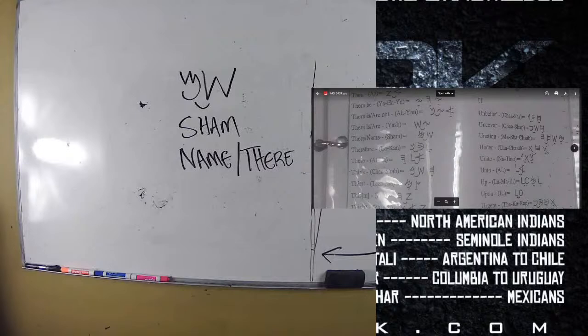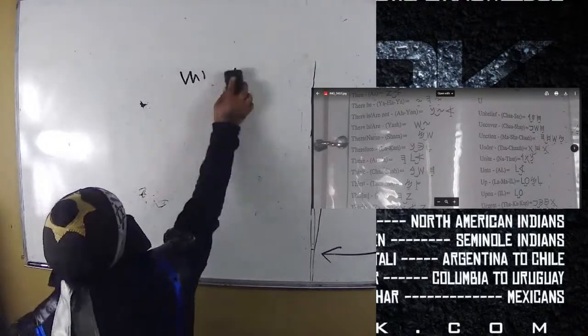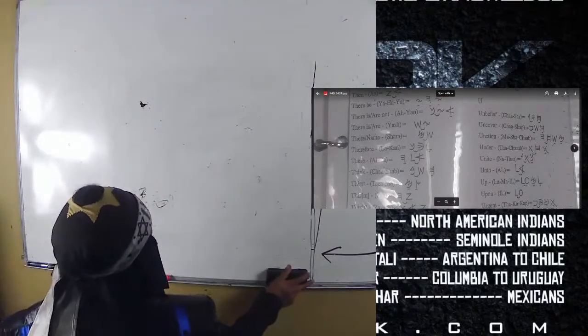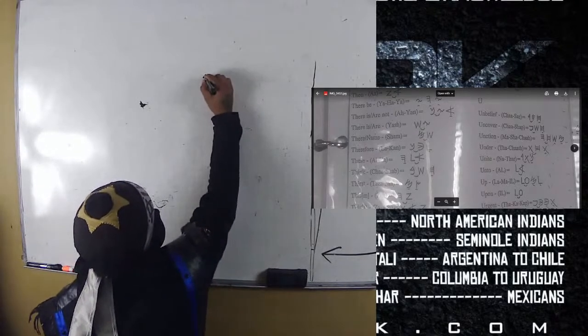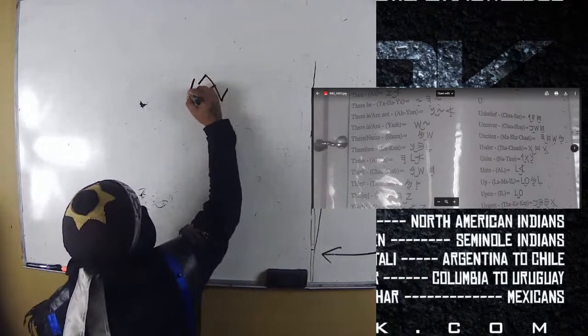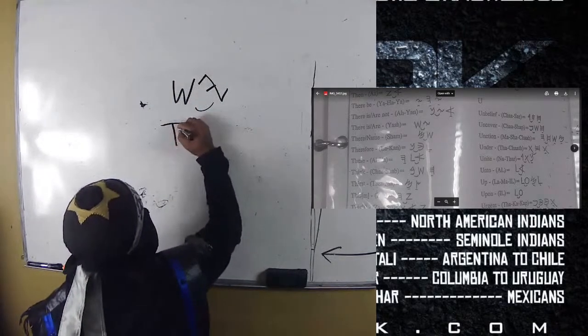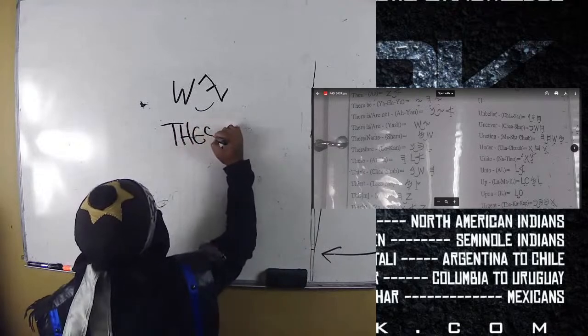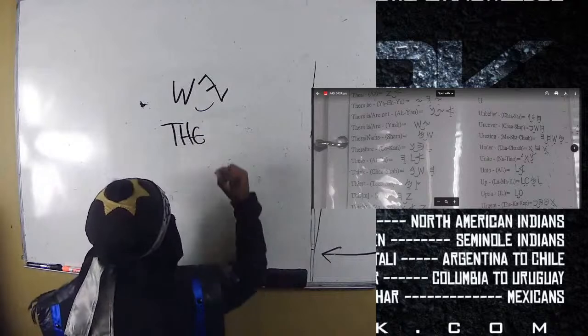Let me give y'all the next word. There is, or are. And the word is Yash. And this is Yash. Right? Yash means there is. Okay, I'll put these. There is.